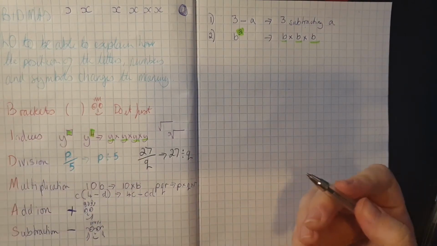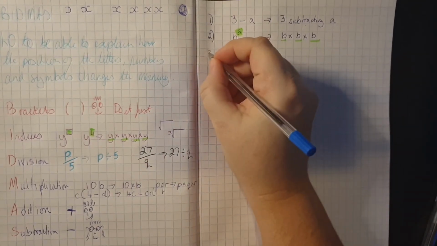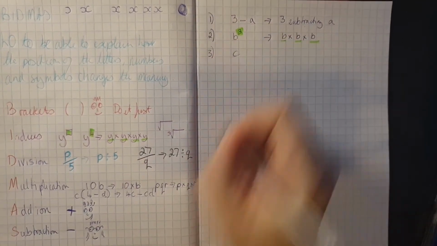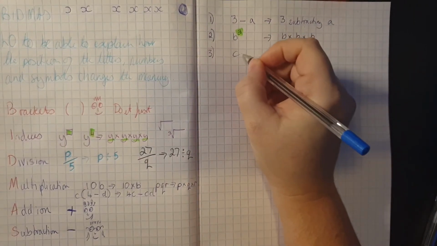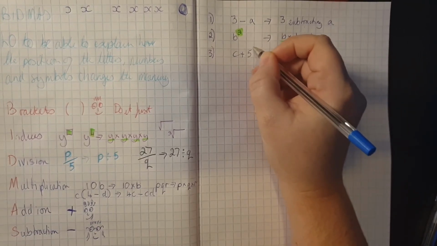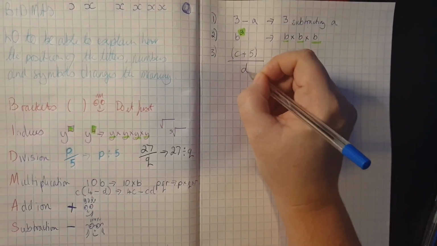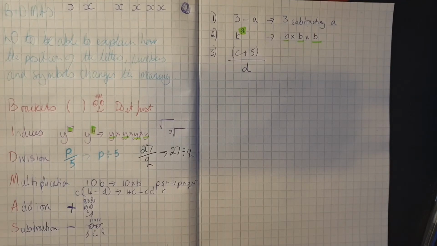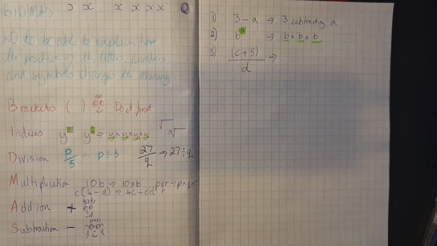Okay, it can get more complicated. Surprisingly enough, I'm going to take the letter C. I'm going to do that to it. And I'm going to put that letter in there. Again, we do not know the value of C. We do not know the value of D. But following the rules of BIDMAS, we can work out what we're doing.